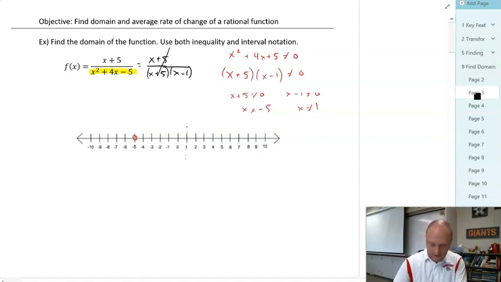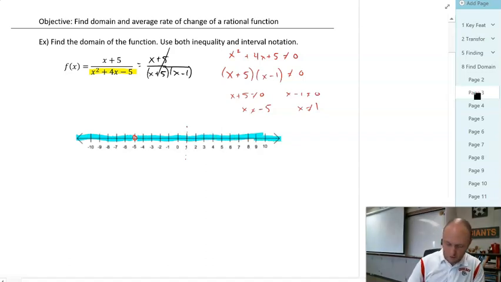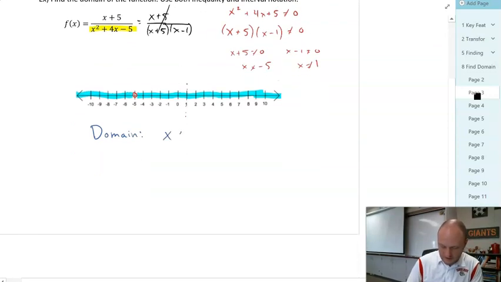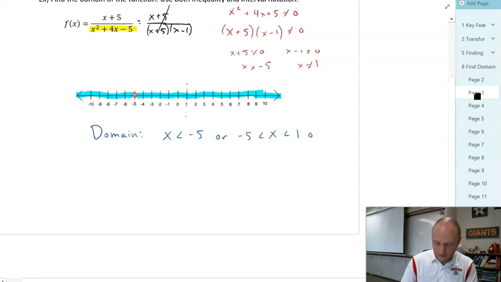Well, I have all of these values from -infinity up to -5, -5 to 1, and 1 to infinity. Okay, so what is our domain? Well, our domain is x is less than -5, or -5 is less than x, which is less than 1, or x is greater than 1.